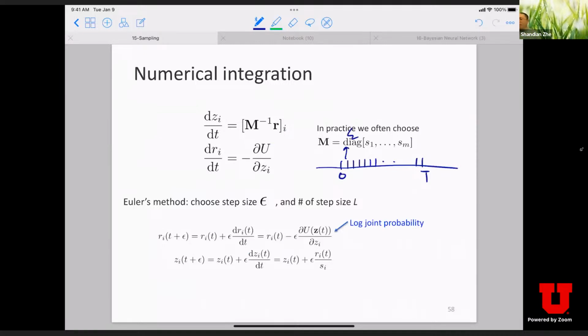Euler's method assumes that, because this step size is so small, the gradient of my function, like dz over dt, during this tiny time interval can be approximated to be constant. I can use the gradient at any position inside this interval to approximate.